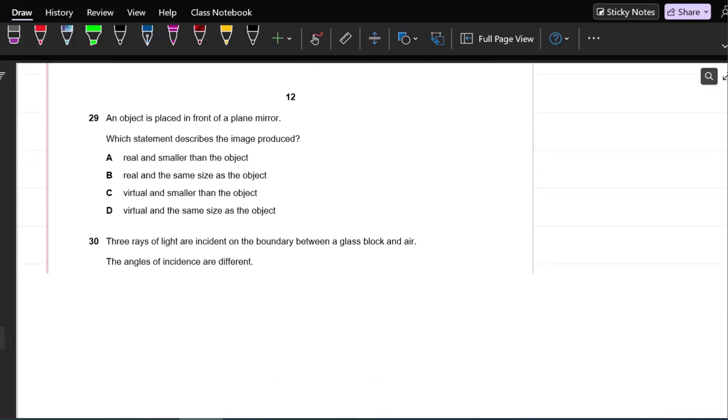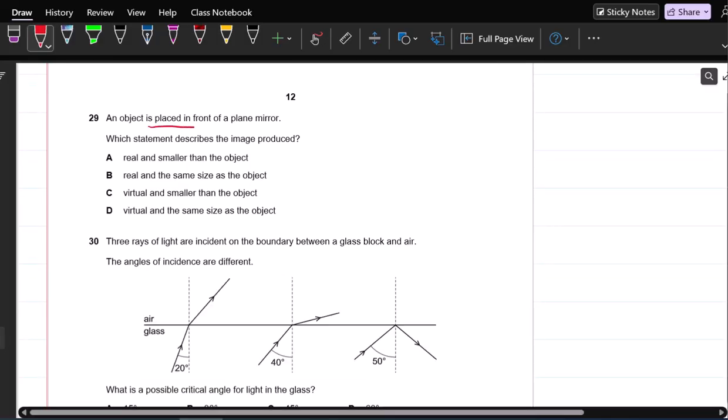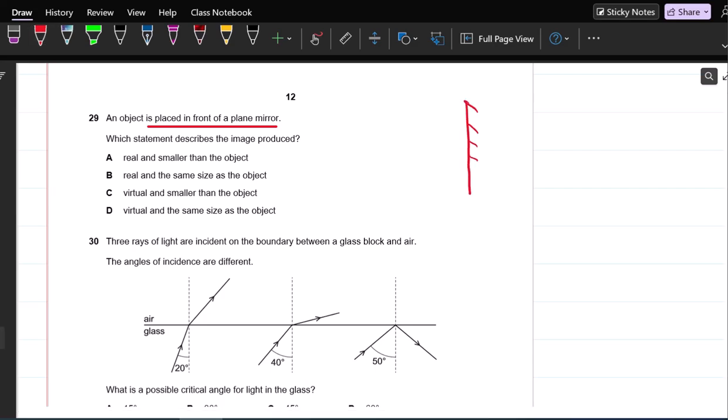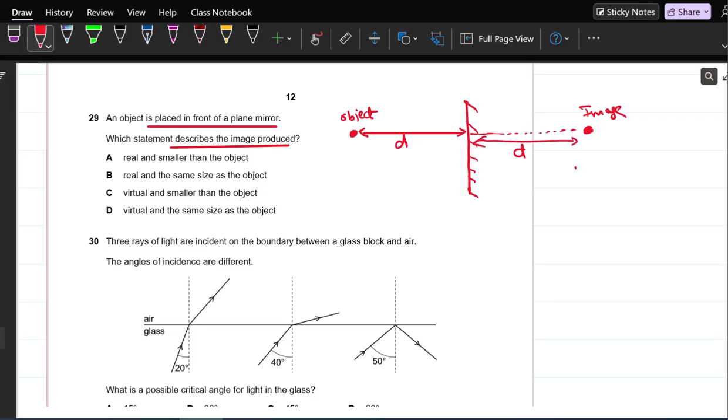Moving to question 29, an object is placed in front of a plane mirror. So suppose this is a plane mirror. Here is the object. Which statement describes the image produced? So remember, if the object is at distance d from here, the image will also be at the same distance behind the mirror. The image will be virtual, and it is going to be of the same size.